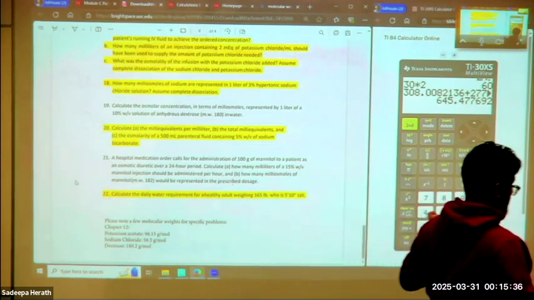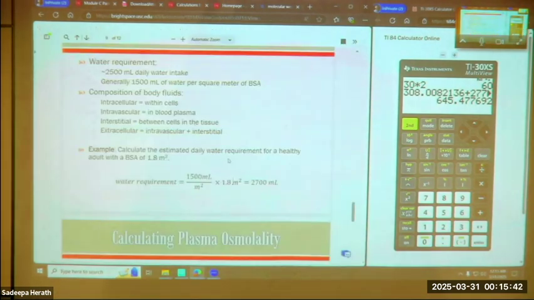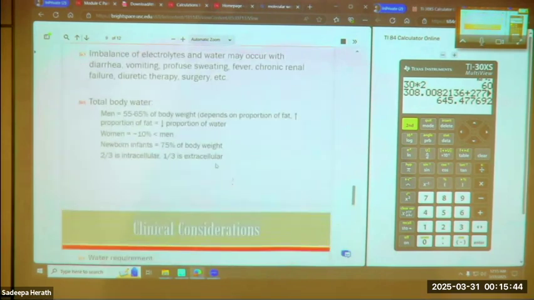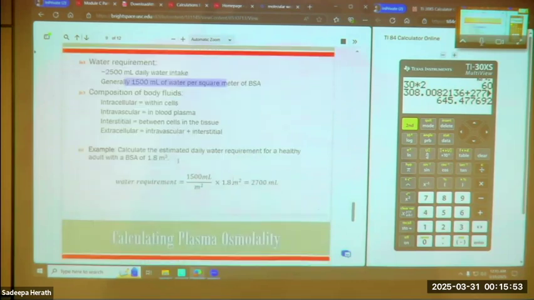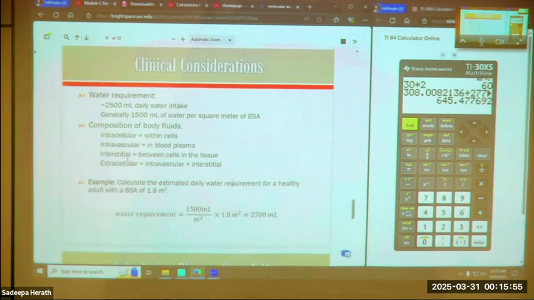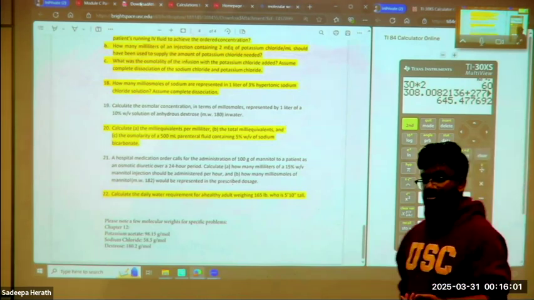We aren't given an equation for that in the equation sheet, but we are told that there is generally 1,500 ml of water per square meter of BSA. So we can multiply that unit by our own BSA.